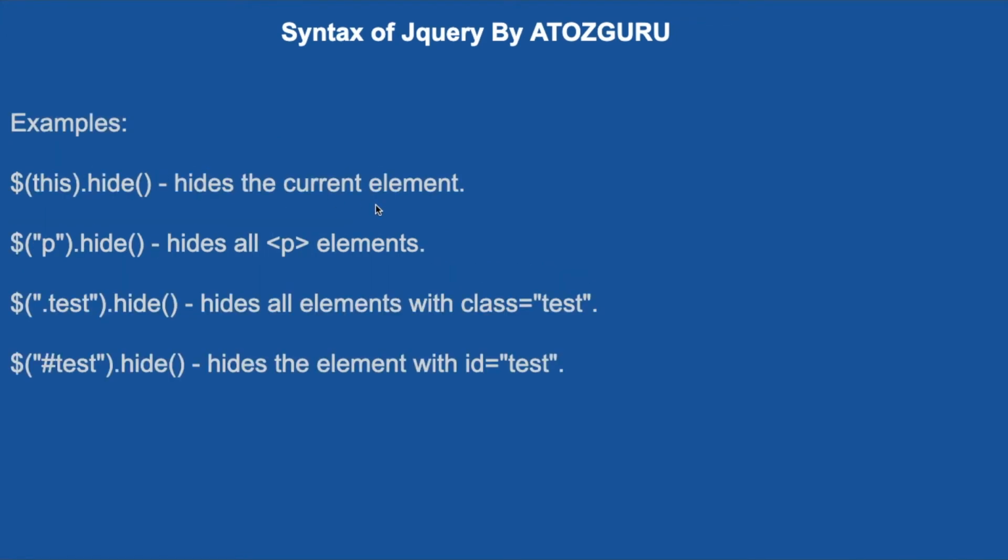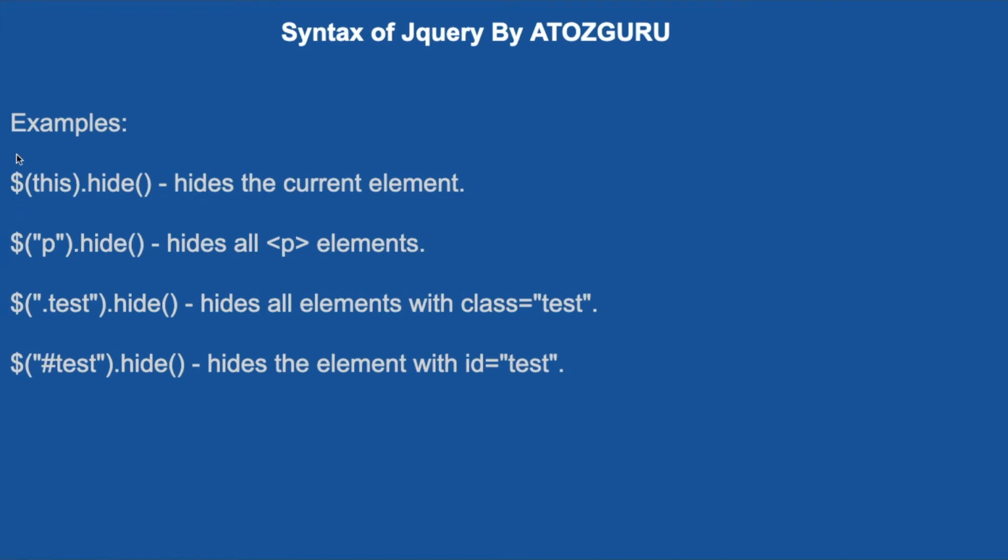So this is some example. As I told, I will explain in more detail in the next video. Suppose this is, as I told, dollar, and this means self, the current element it will take. Hide is a function which will hide that particular current element.